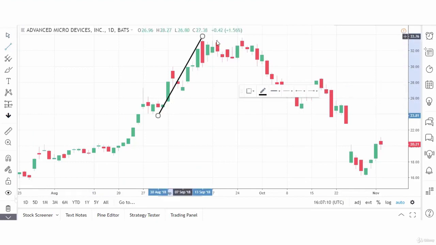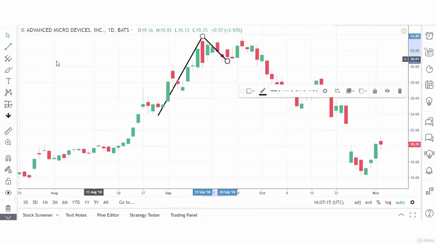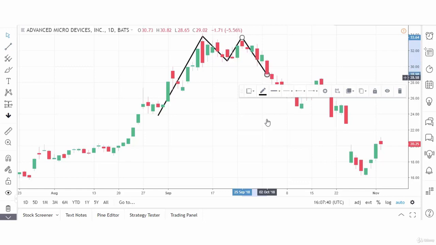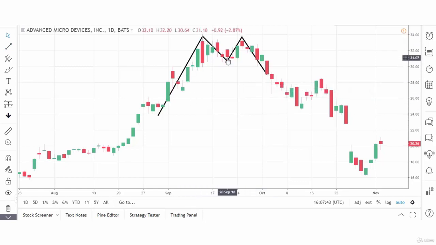We have a pullback in the stock, and then another attempt to go through a resistance level, the high that has been set by the stock previously, and then a move down in the stock. As it breaks through this level right around 31, that's the point where we want to go short the stock. So you can see we have the M pattern.